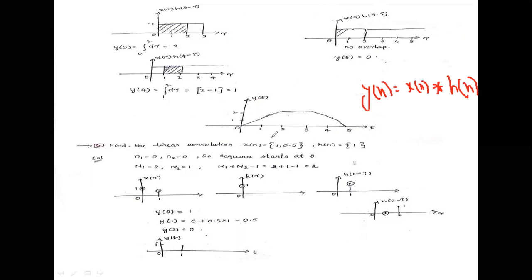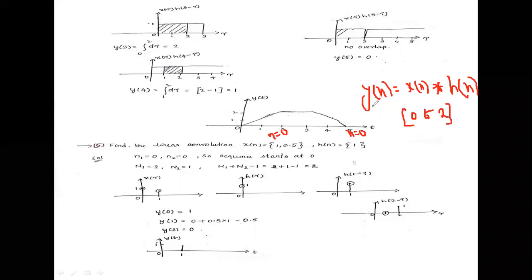The initial value for n is 0 for x of n, and for h of n also, so y of n also starts at 0 and runs 0, 1, 2. So three values will we get, 0, 1, and 2, in y of n.